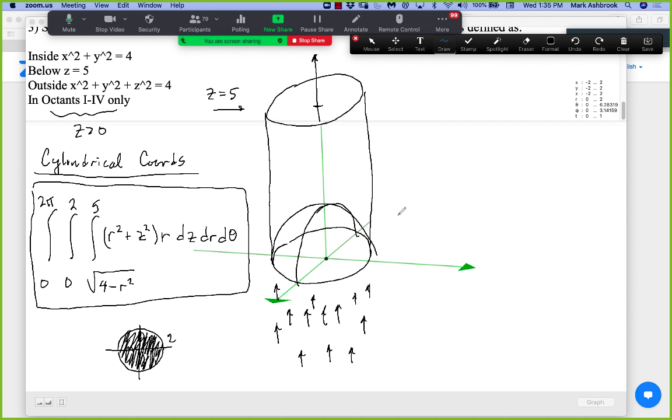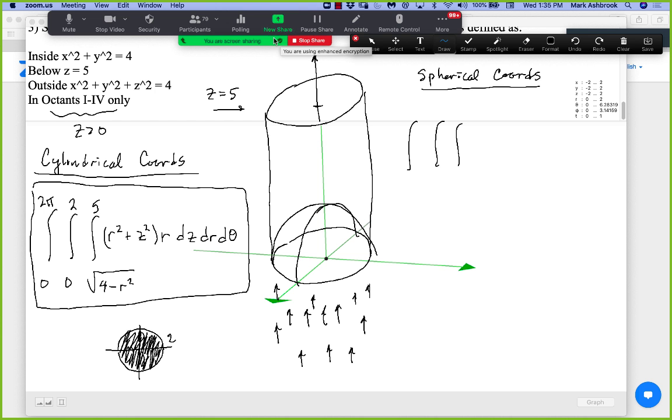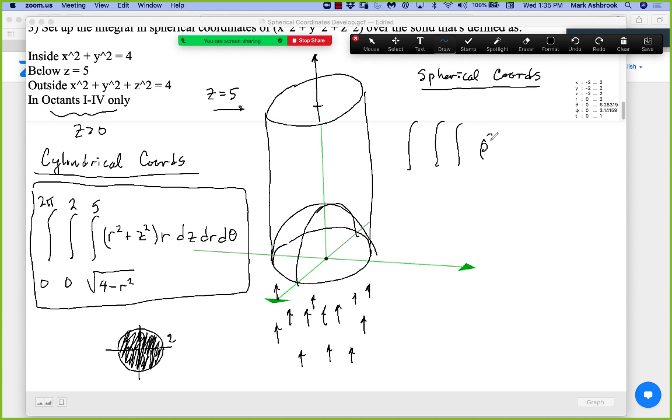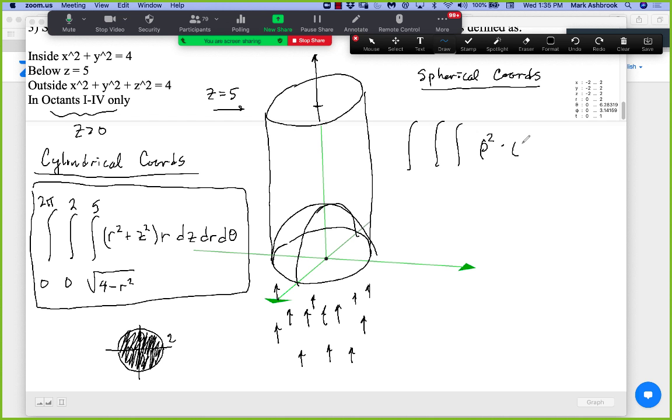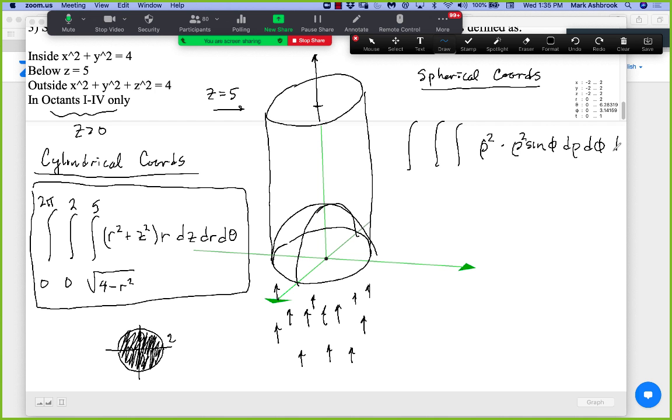All right, now spherical coordinates. What do we got in spherical coordinates? First of all, our integrand, x squared plus y squared plus z squared, is going to be rho squared, and then we're going to have another rho squared sine phi, d rho, d phi, d theta.